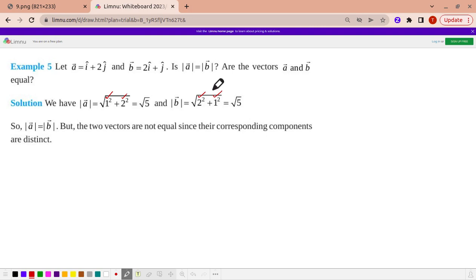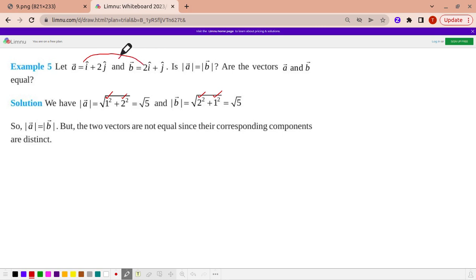But the vectors are different, though their magnitudes are same. Why are the two vectors different? Because their components are different. In case of the vector A, the i component is 1, and for the vector B, the i component is 2. This 1 is not equal to 2.